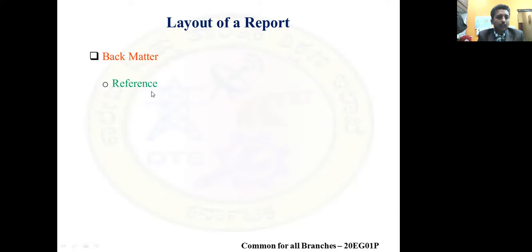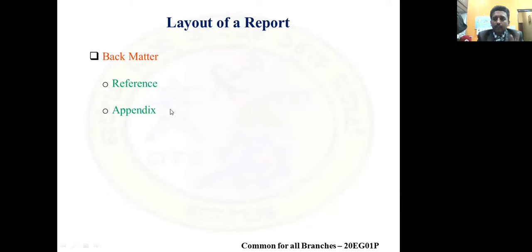And the last one is appendix. Appendices is the plural form of appendix. This section consists of materials which are needed to support the main body of the report, but are too detailed or voluminous to be included in the text.